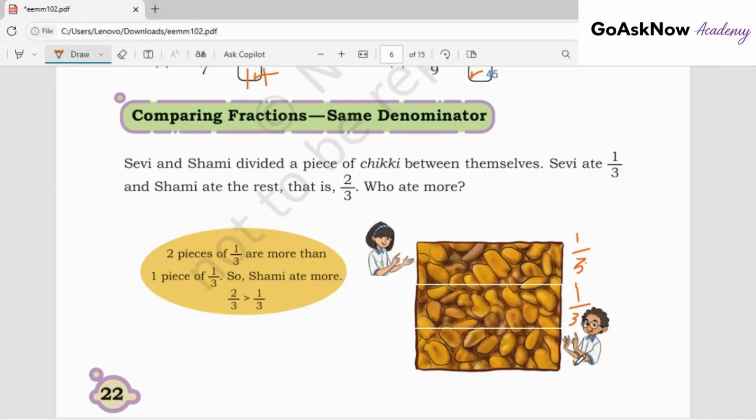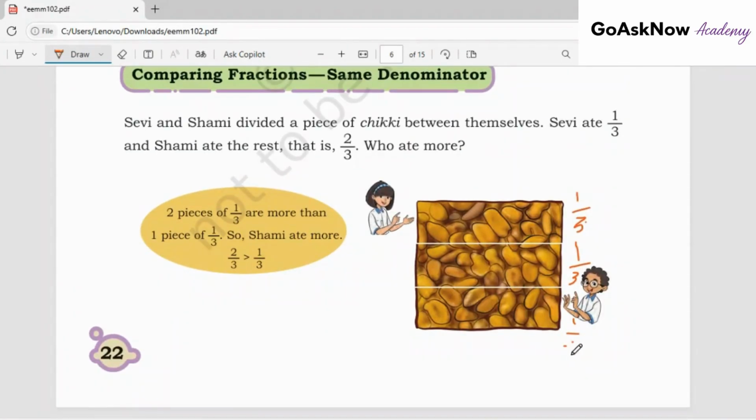This is also 1 by 3. Now, Sivi eats 1 by 3 and Shami eats 2 by 3. The two parts were eaten by whom? Shami. Okay. So, Shami ate more.